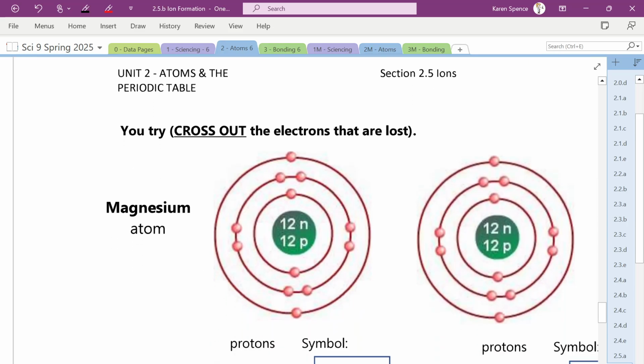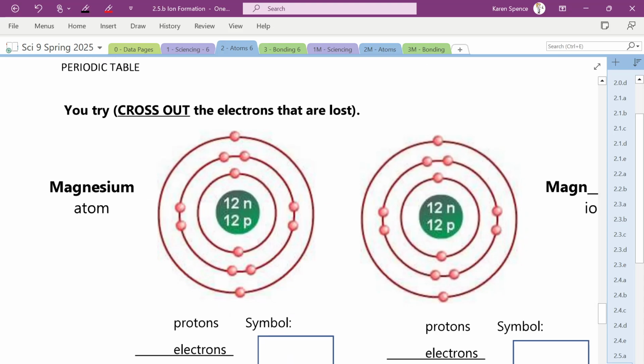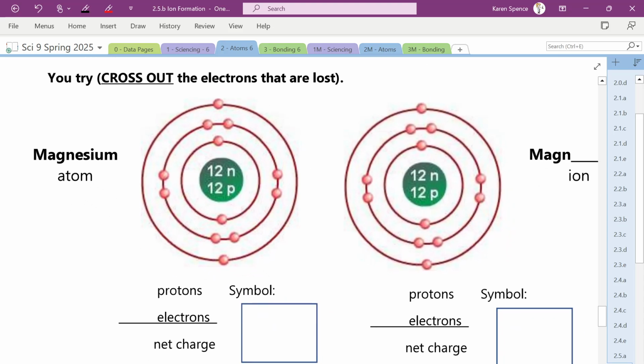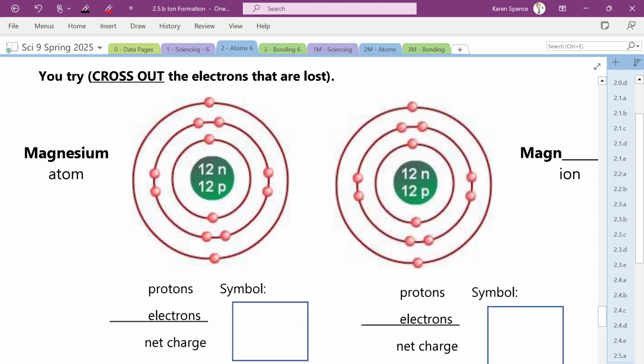Now, let's try this magnesium ion. We have how many protons? Oops, 12 protons. We have 1, 2, 3, 4, 5, 6, 7, 8, 9, 10, 11, 12 electrons.